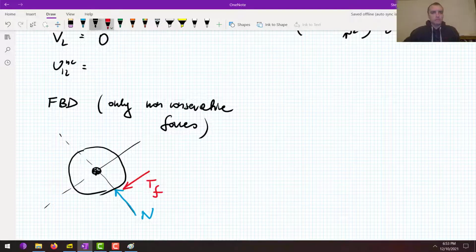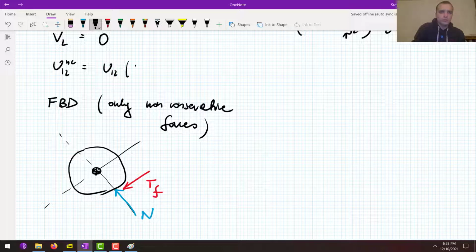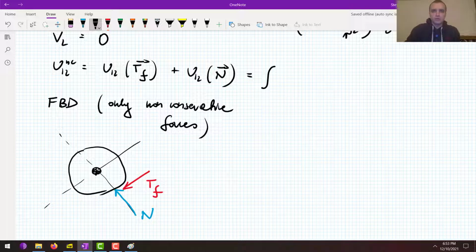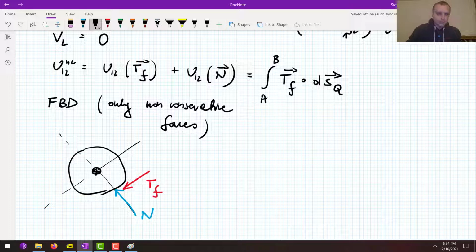Okay, so in here we have to deal with work of two forces, U12 of Tf plus U12 of N. Okay, so let us do these integrals. Integral from some point A to B, Tf times dsQ, because I would like to call this point Q. That point of contact between cylinders and incline is Q, okay?